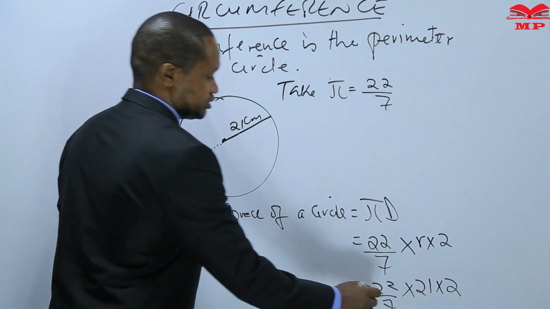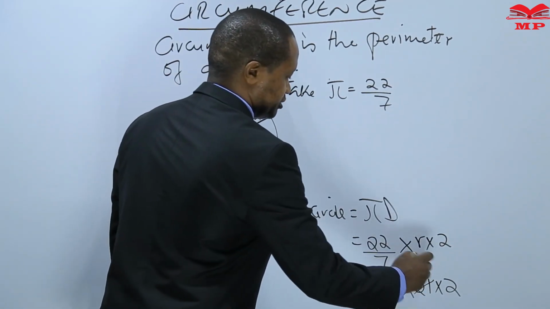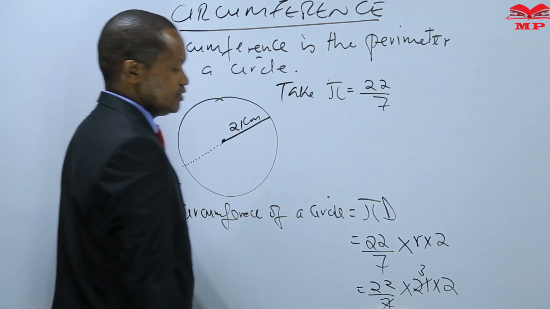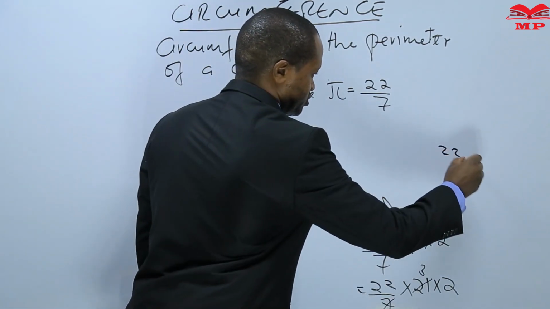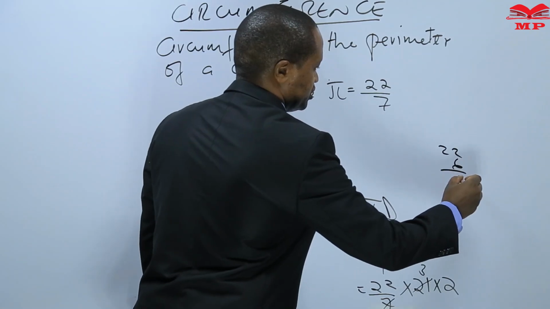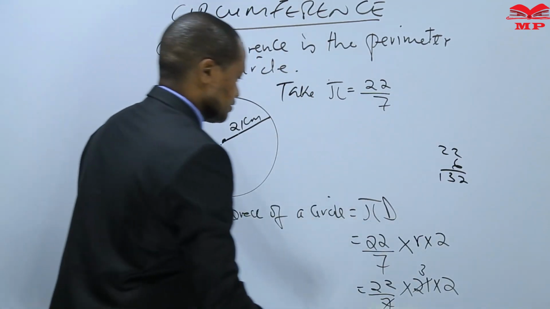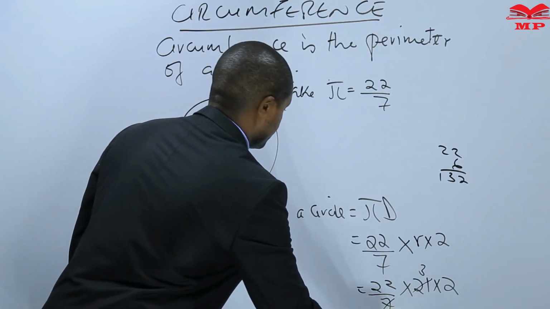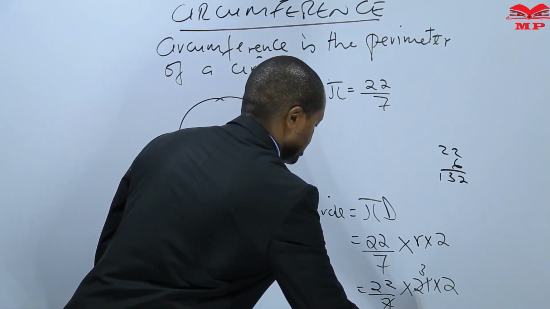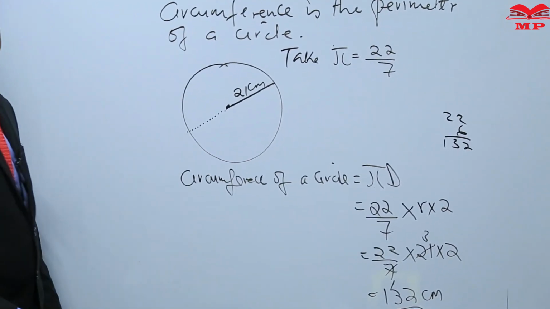So we will cancel. 7 goes here once. 7 goes here 3 times. So we have 22 times 6, which is equal to 132. So the circumference is equal to 132 centimeters.